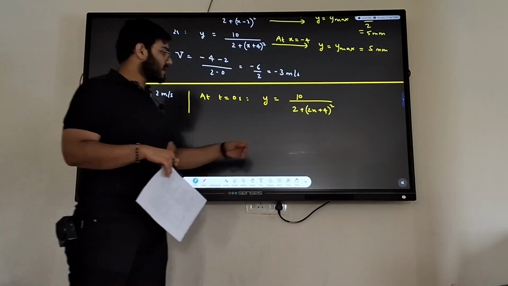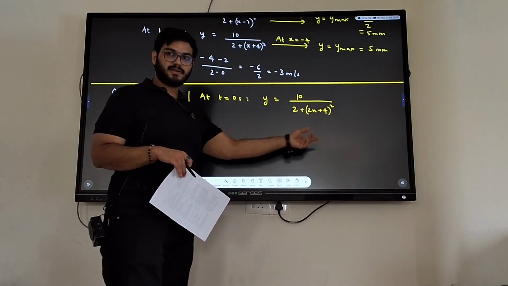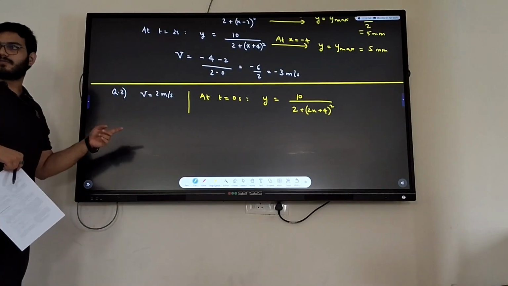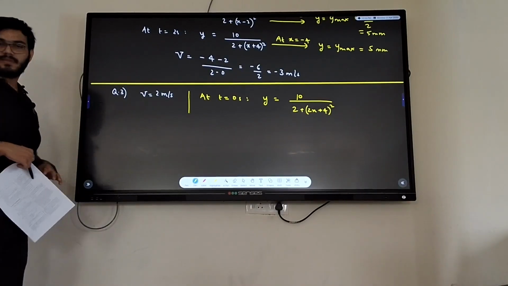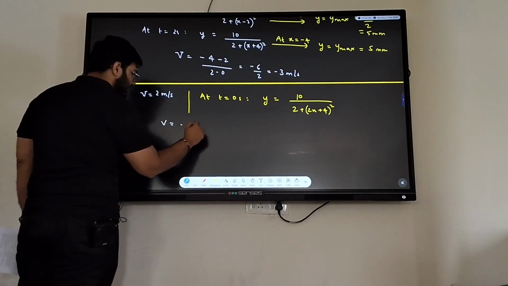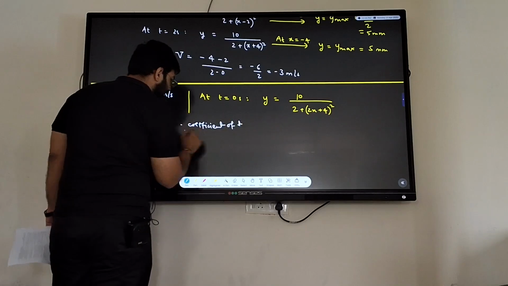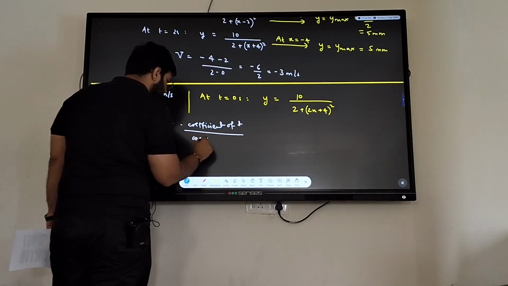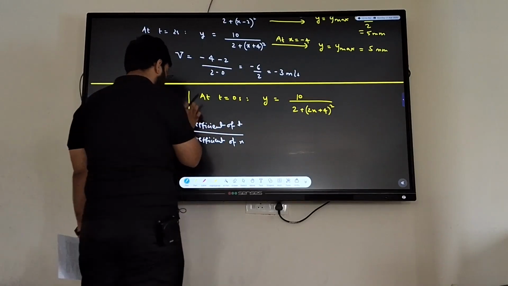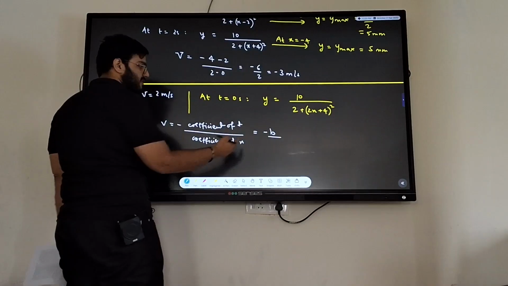For that I have to write some kind of coefficient of time times t. But what will that coefficient be? Do I know how to find the coefficient of time? There is a formula: V is equal to minus the coefficient of t divided by the coefficient of x. Let's call it b for now. What is the coefficient of x?